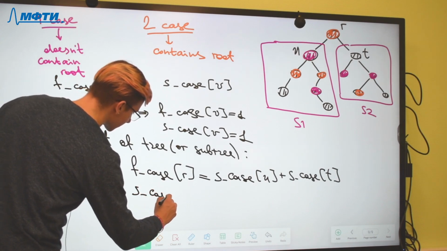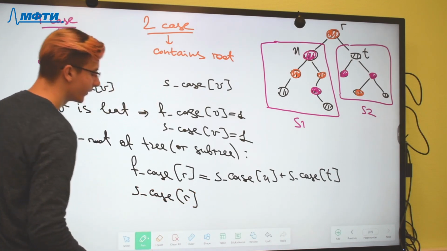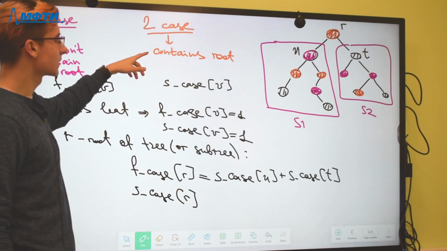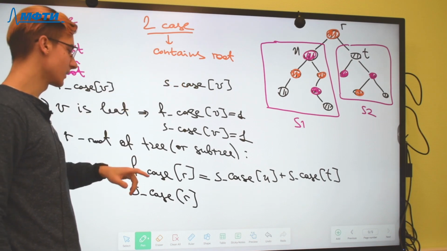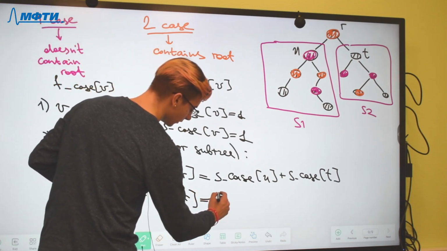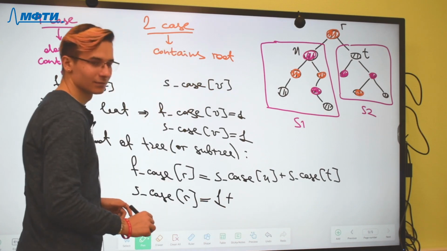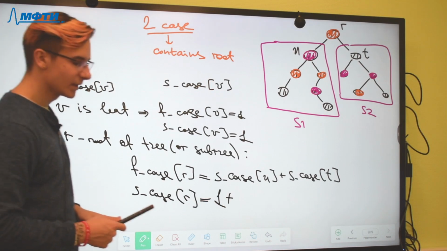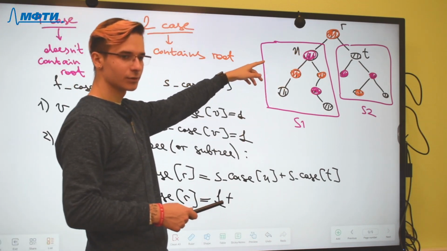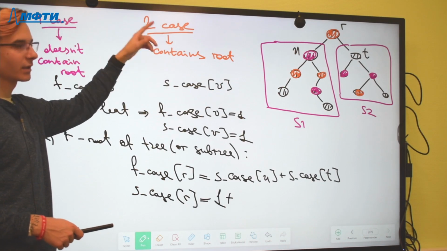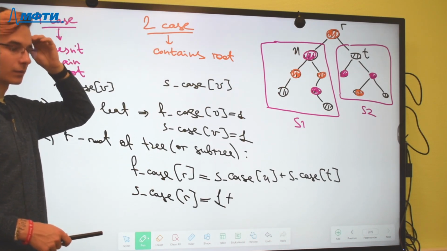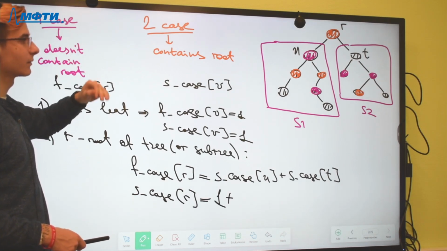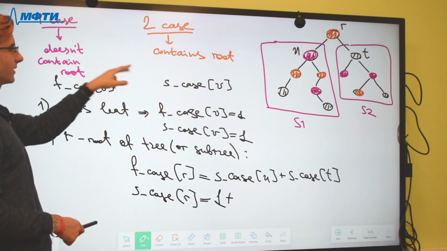And second case, if we find an independent set that contains the root, we say that it is root plus, we cannot add children of the root to the independent set because they're adjacent to the root. So we need to add the maximum independent set that doesn't contain the children.